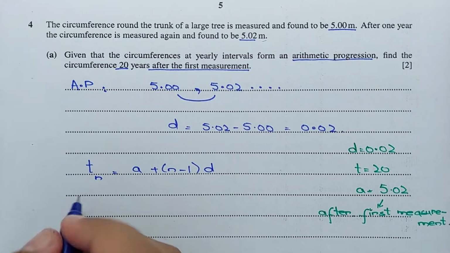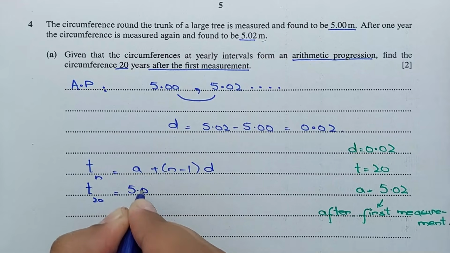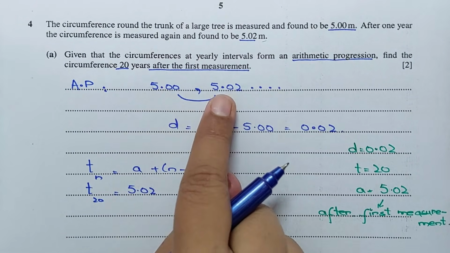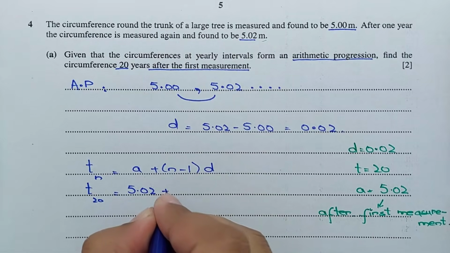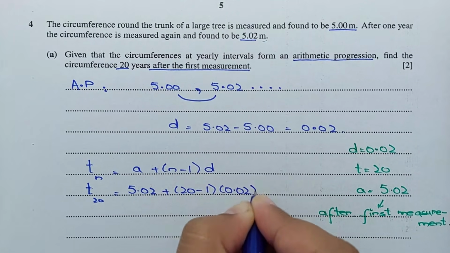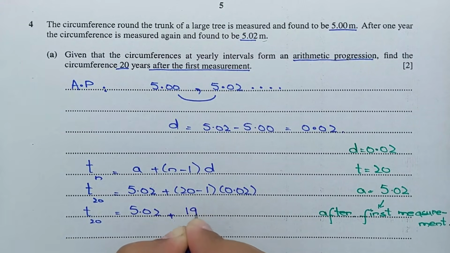Now plug everything in. So T20, the a value is 5.02 plus n is 20 minus 1, d value 0.02. So T20 is equal to 5.02 plus 19 into 0.02.